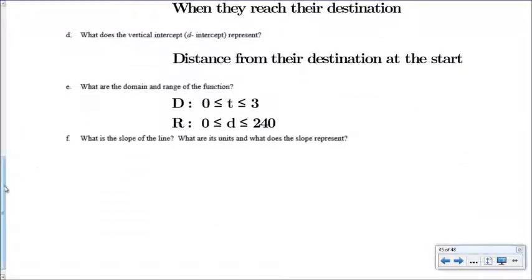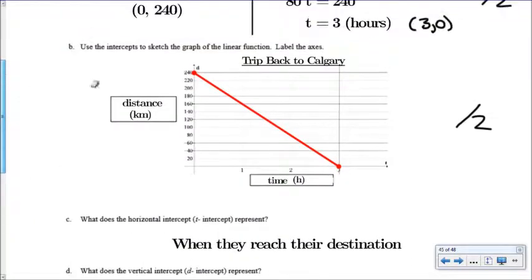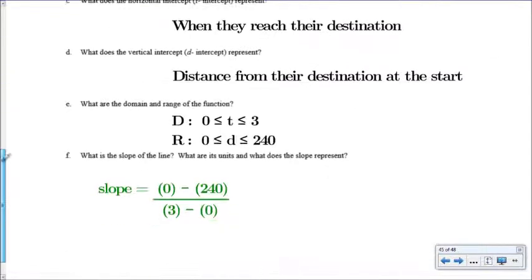Okay, the slope of the line, so we can just use, I guess, the endpoints that we used. So (0, 240), and well, maybe I'll just write those out. So (0, 240) and (3, 0). So you can do x2, y2, that'll be your x1, y1. So go ahead and plug those into the formula, right?